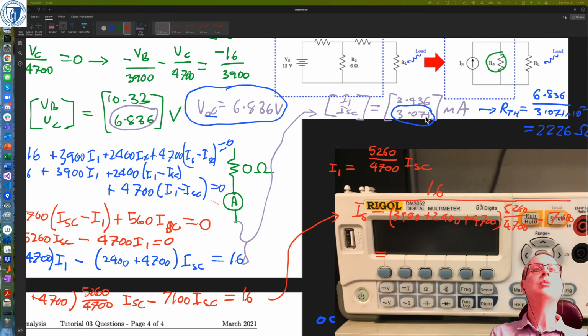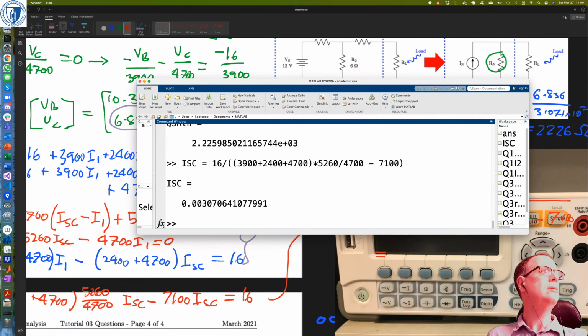Yeah, 3.071 milliamps is the same as the answer we got before. Okay, is that okay, Stephen?